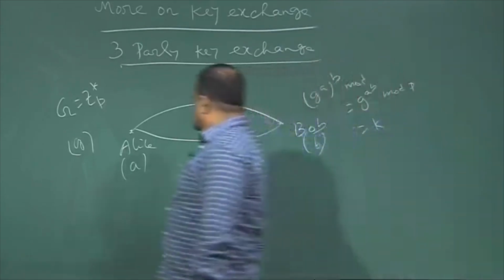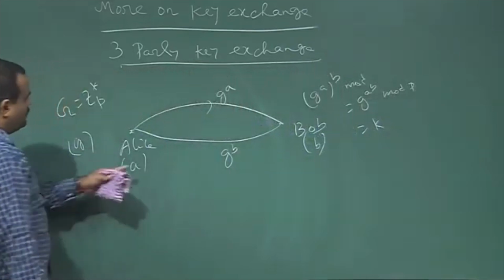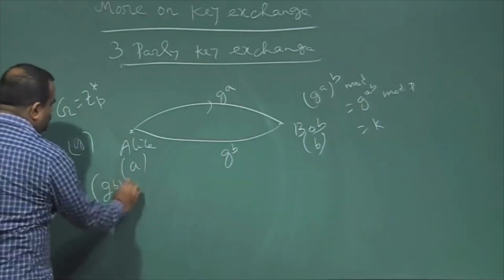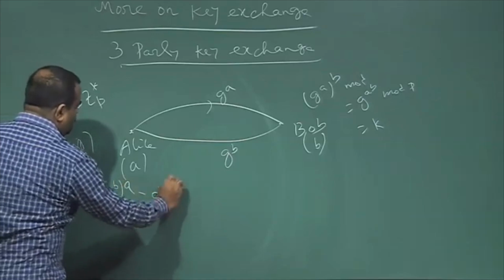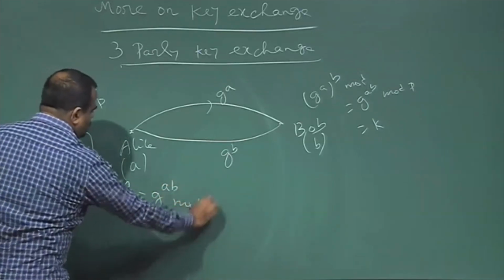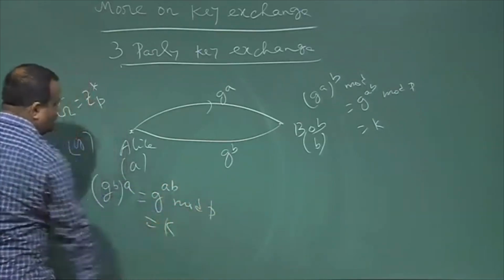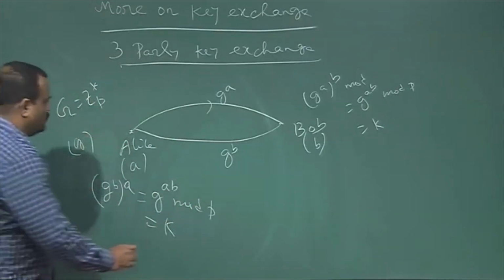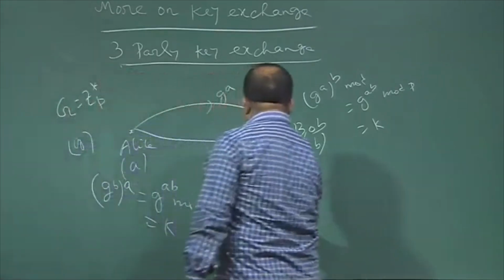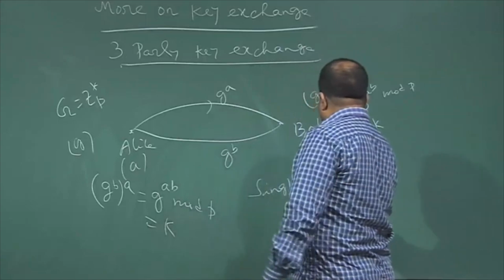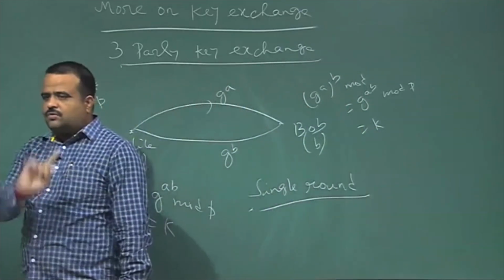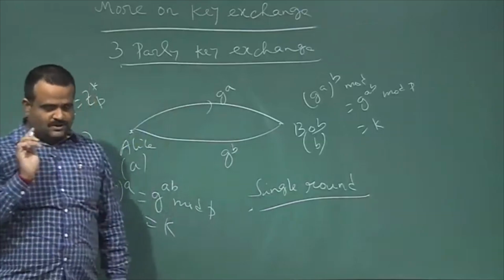And Bob receives g to the power a and computes g to the power a to the power b, so g to the power ab mod p. So this is basically the same key, and they agree on a common key in a single round. So this is a single round key exchange protocol: just one communication is required to establish this key.